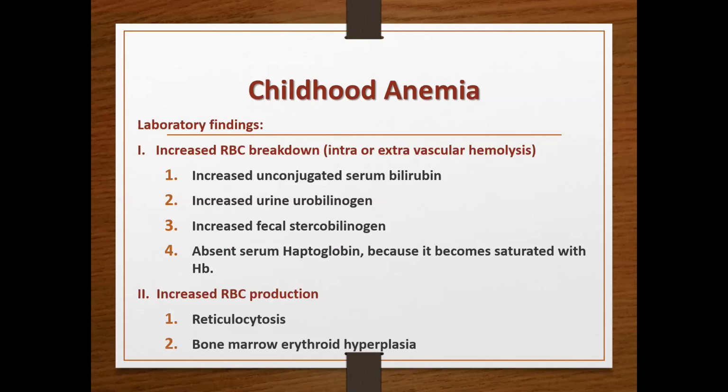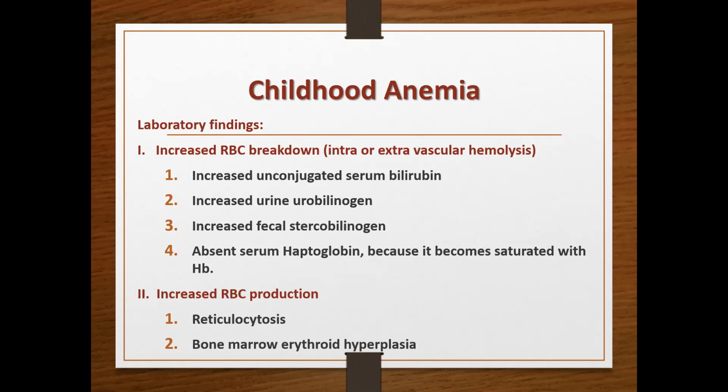The lab findings, which are commonly present in any child with hemolytic anemia, are due to an increased RBC breakdown, whether intra or extravascular hemolysis. There will be an increased unconjugated serum bilirubin, increased urine urobilinogen, increased fecal stercobilinogen, and absent serum haptoglobin when it becomes saturated with hemoglobin.